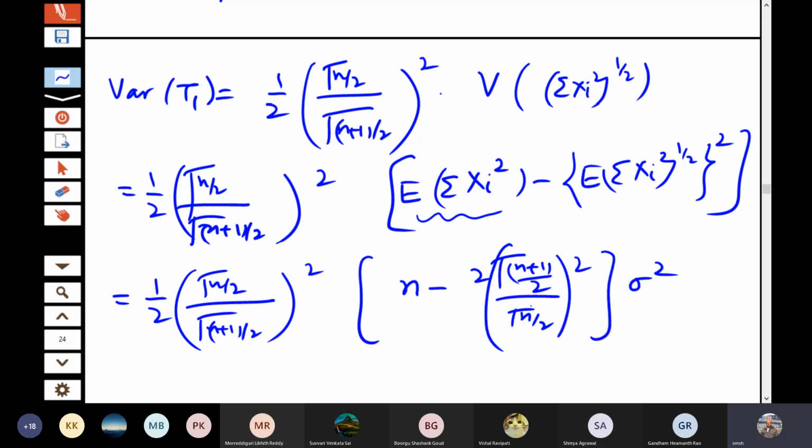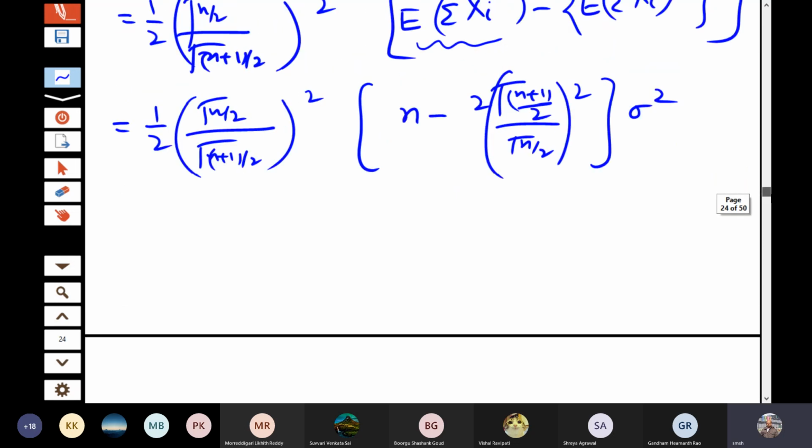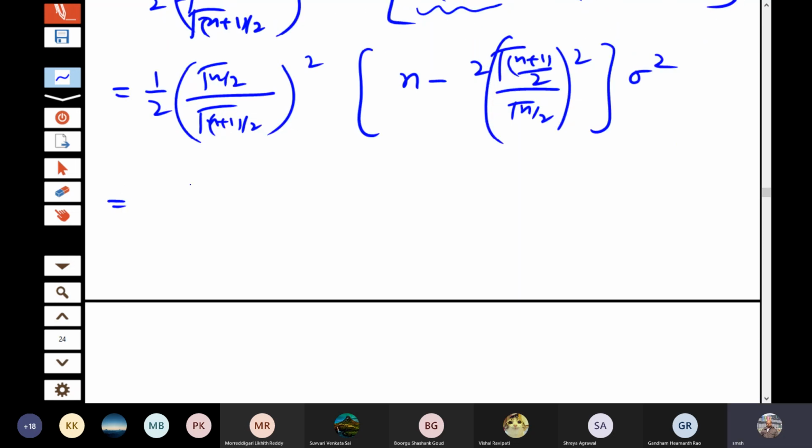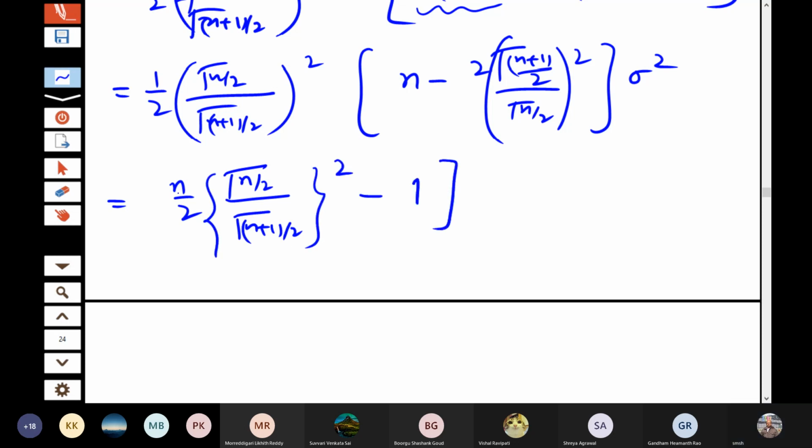If I multiply by this inside, the term can take this particular form, that is equal to n by 2 times gamma n by 2 by gamma (n plus 1) by 2, squared, minus 1. And RCLB was sigma square by 2n.